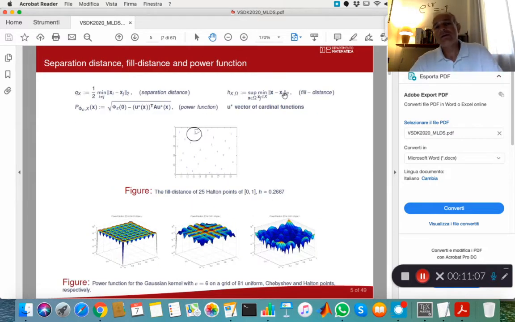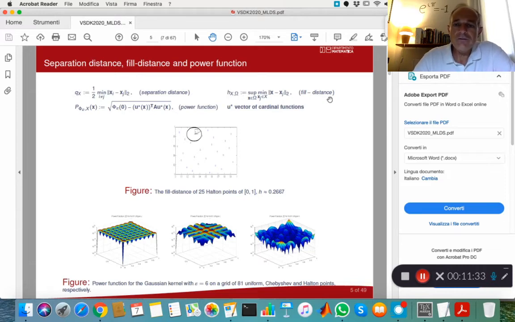There are two other concepts that you have to keep in mind. The first is the so-called separation distance. The separation distance between the centers xi and xj is defined in such a way: it's the minimum distance between two distinct points, okay, and then we divide by 1/2 in order to get the separation distance.